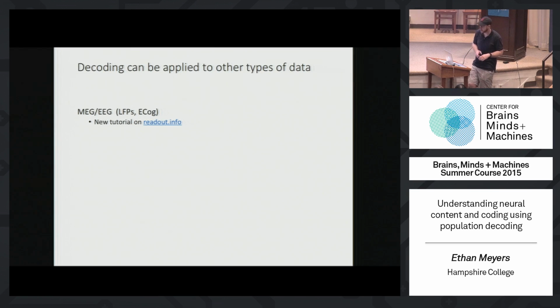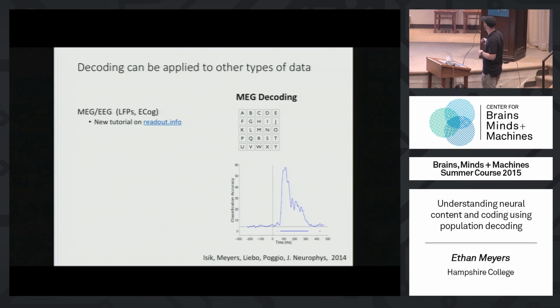Just a few other things to mention. So, I was talking all about basically spiking data, but you can also do decoding from MEG data. There was a great study by Layla where she tried to decode from MEG signals. Here's just one example from that paper where she was trying to decode which letter of the alphabet, or at least 25 of the 26 letters, was shown to a human subject in an MEG scanner.